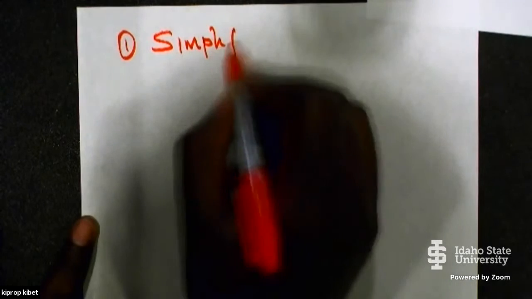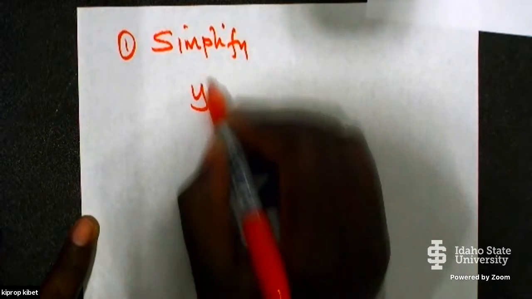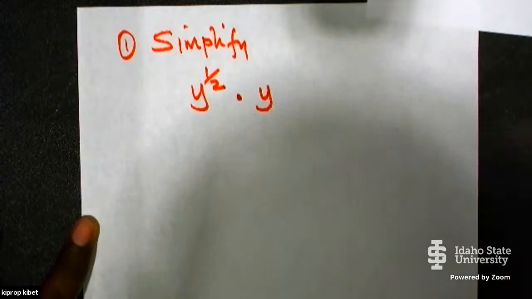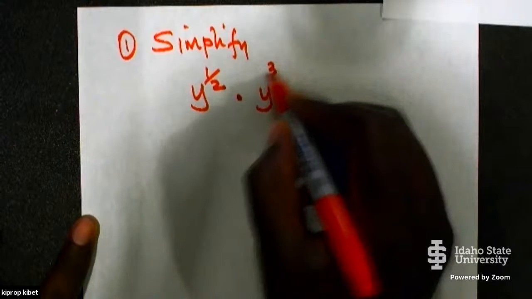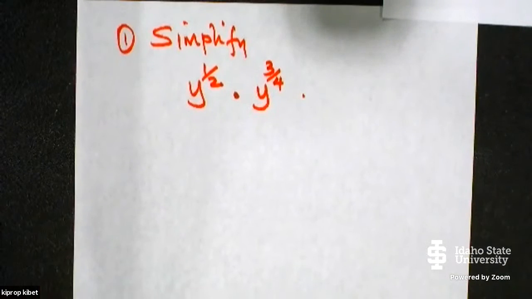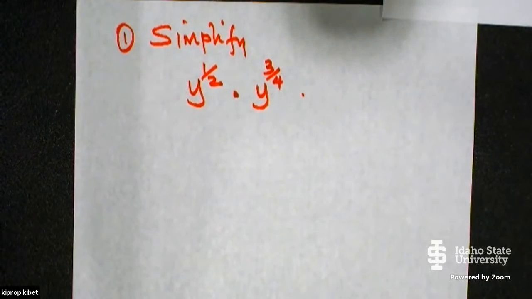So the first one is simplify y raised to 1 over 2 times y raised to 3 over 4.